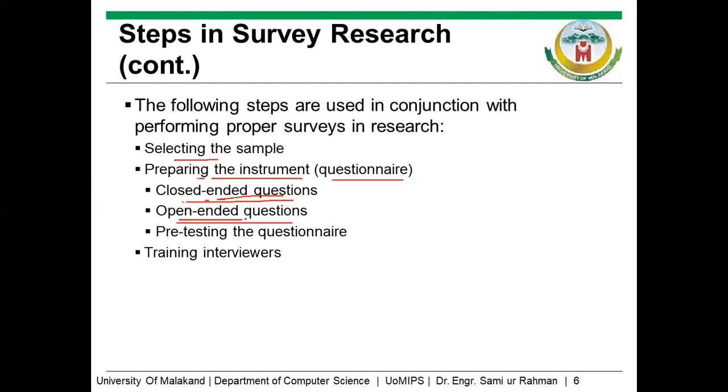And in an open-ended question, we just give questions and we don't provide options. It is an open-ended question. The interviewee then can give any answer as he desires. Okay, and pre-testing the questionnaire and training interviewers. So we have to train the interviewers.